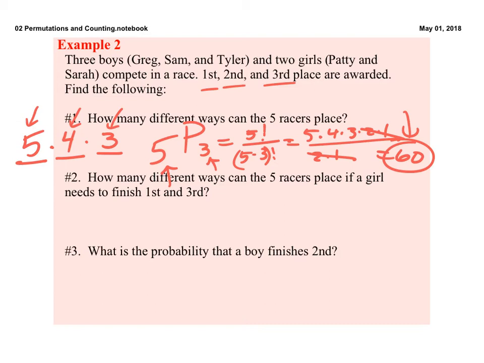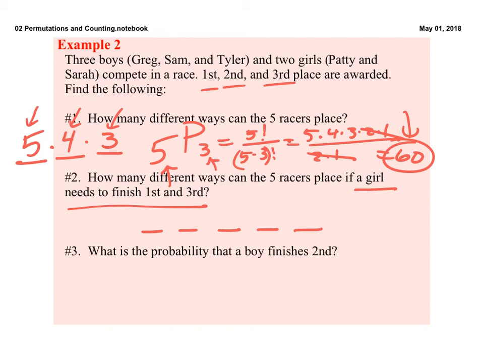All right, so now if they say that a girl needs to finish first and third, like you heard on the radio that girls won first and third place in this race, well then I'd make blanks for sure. I'm not even sure how you would do this with a permutation without blanks. All right, so I'm going to use the blanks. In first place, it has to be a girl.